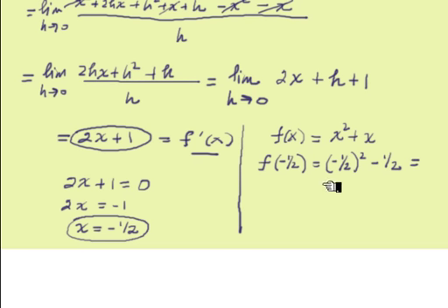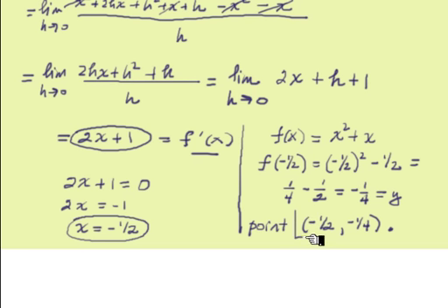Okay, so that will be 1/4 minus 1/2, and that's minus 1/4. So that's the y value. So the point is minus 1/2 x value, minus 1/4 y value. So that's the point where the tangent line is horizontal.